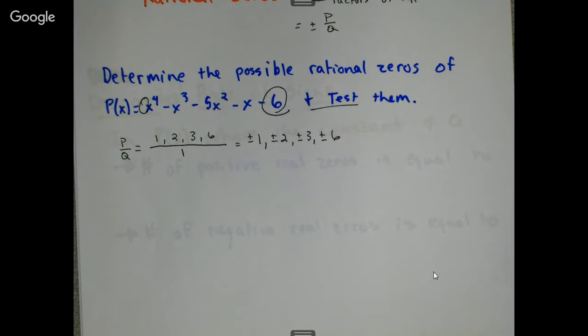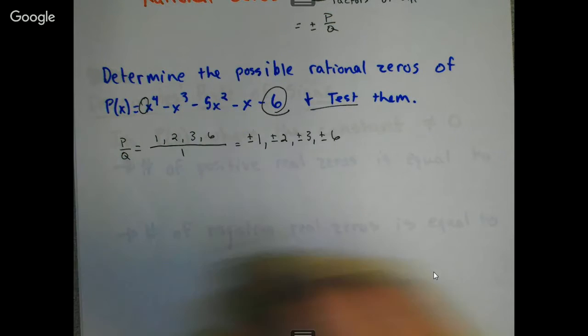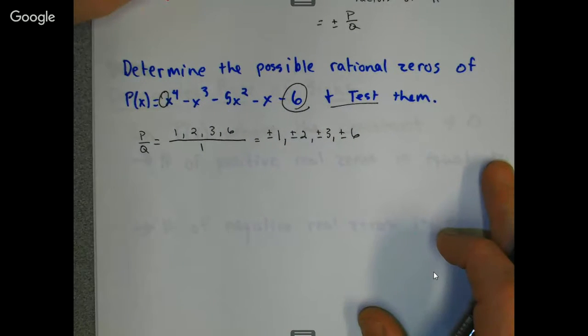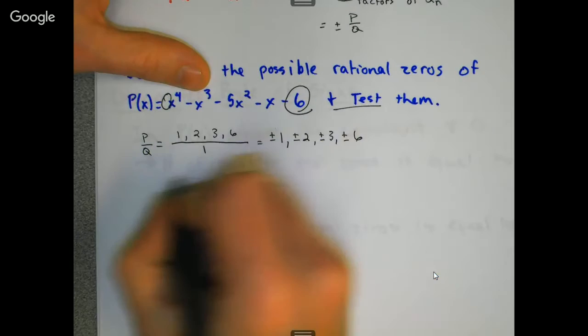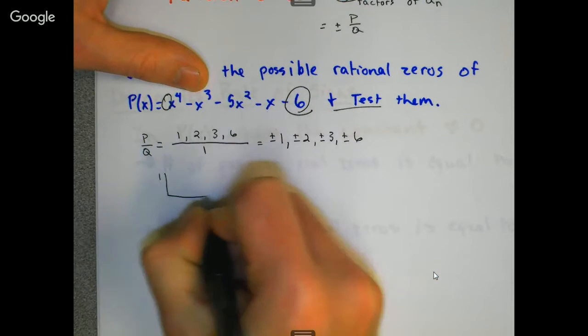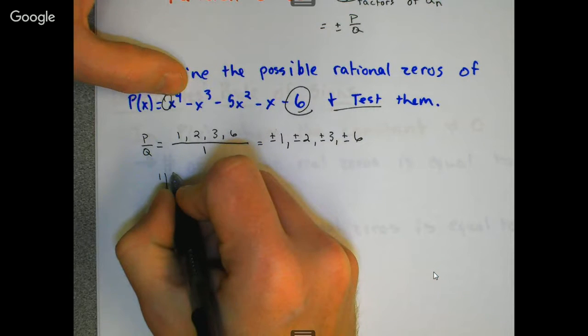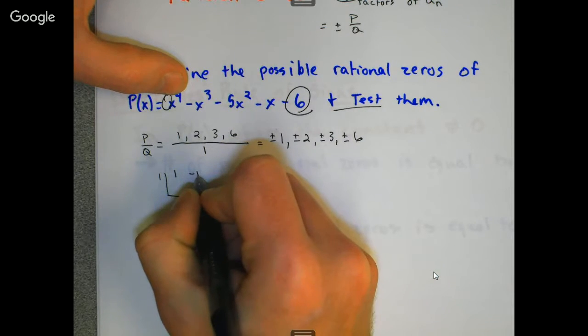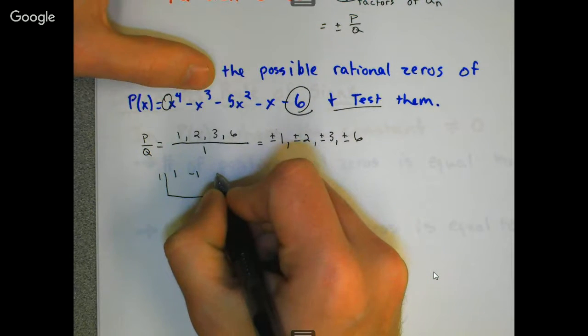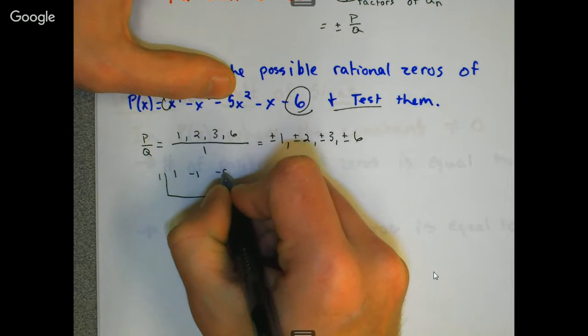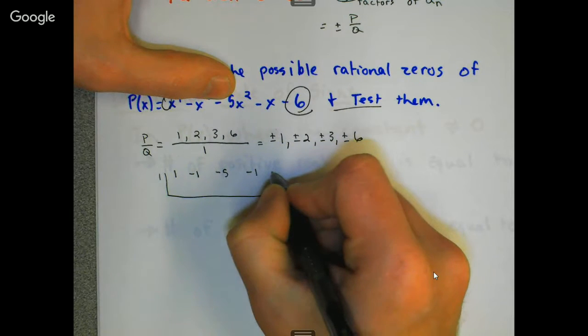So how do I test them? Well, all I got to do is do the synthetic division with them. So we'll test 1. In my polynomial, I got 1, -1, -5, -1, -6. I don't need a placeholder.